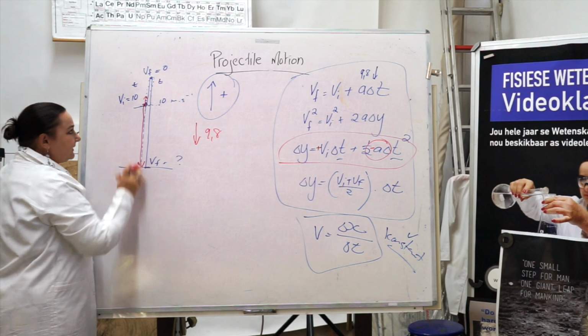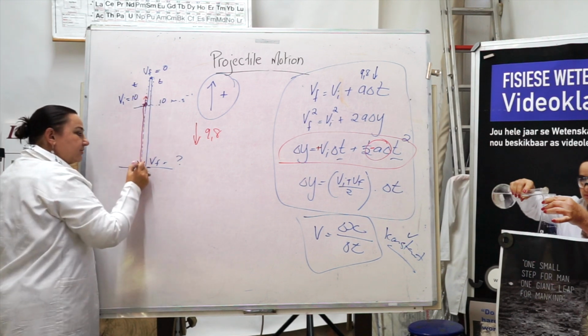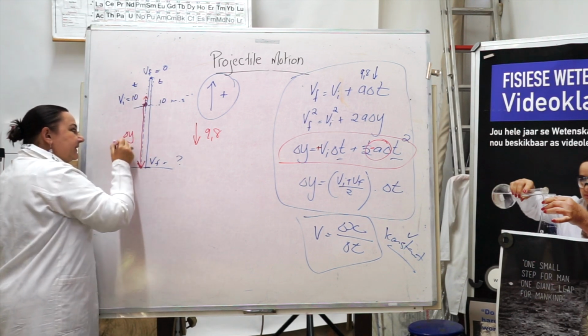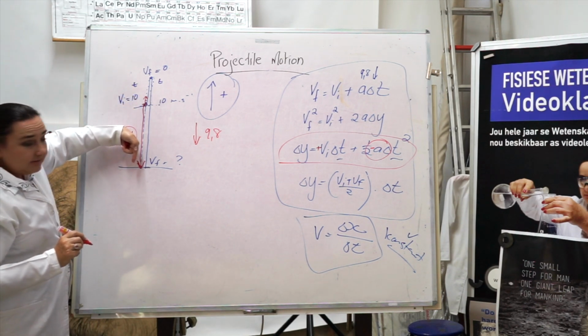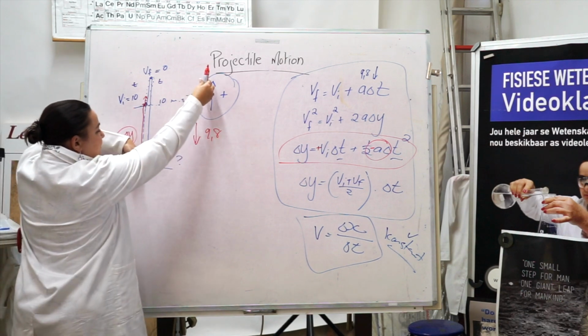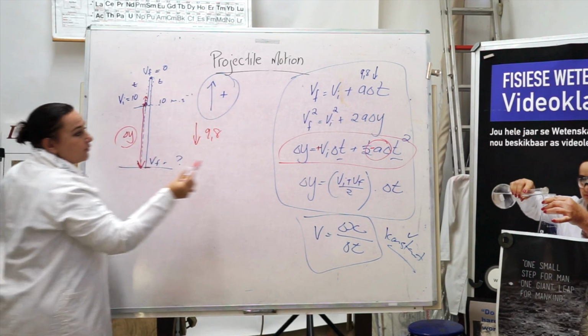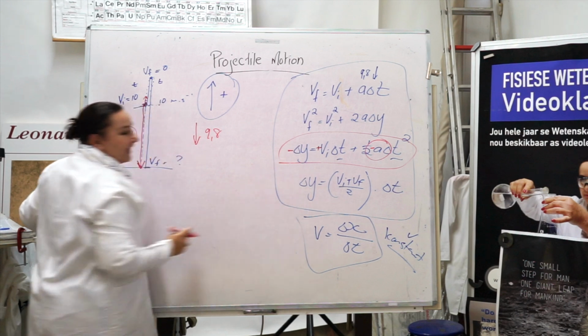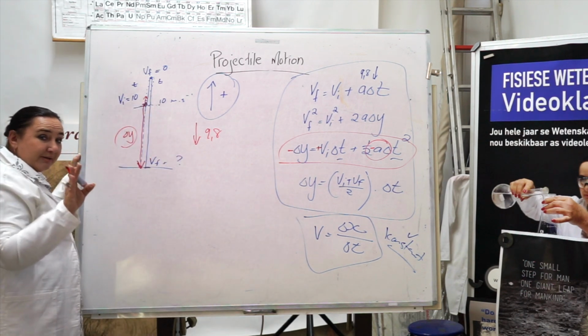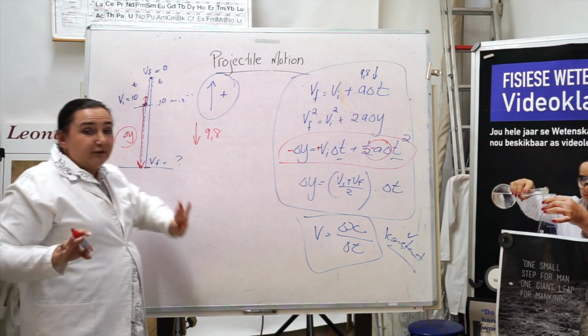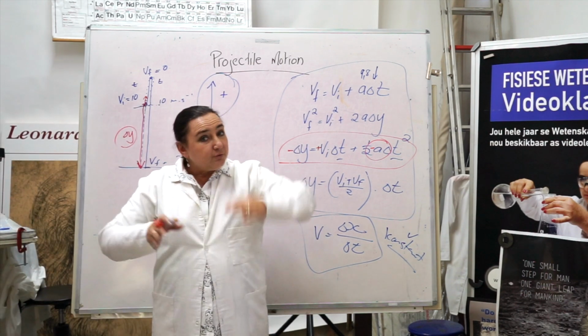No, displacement, beginning straight towards the end. So you can see, hopefully, that my arrow goes down, but I chose up as positive. That means my delta y also has to get a minus in front. Right? You can remember that? So just be very careful when you work with your formulas.